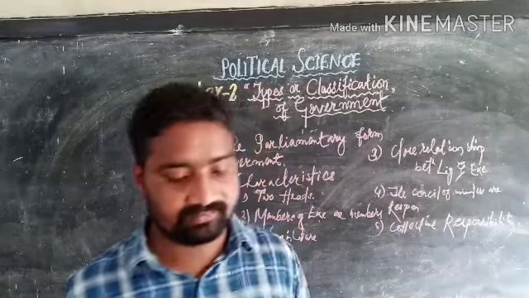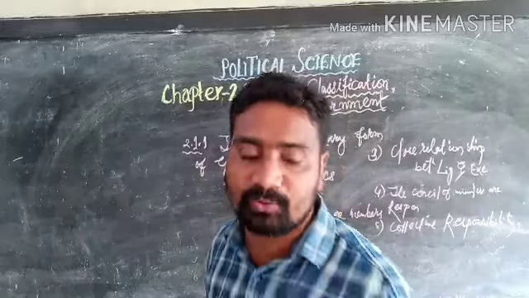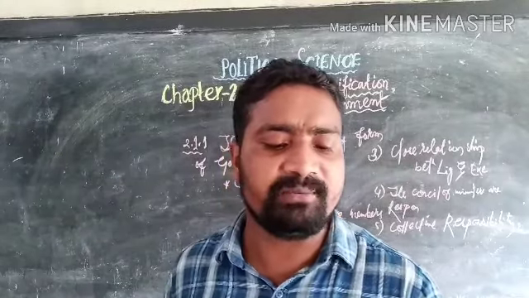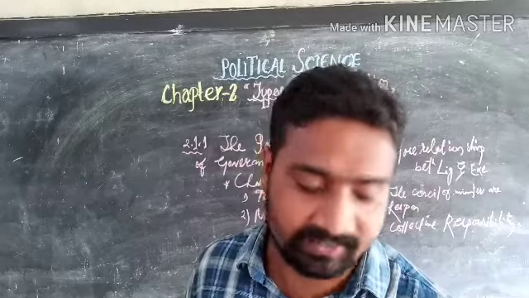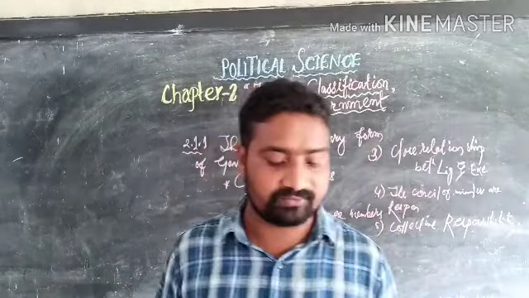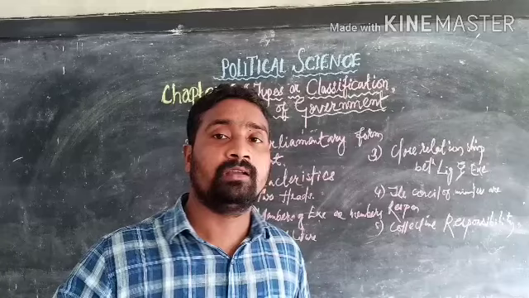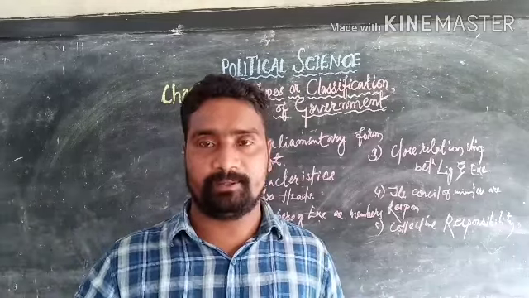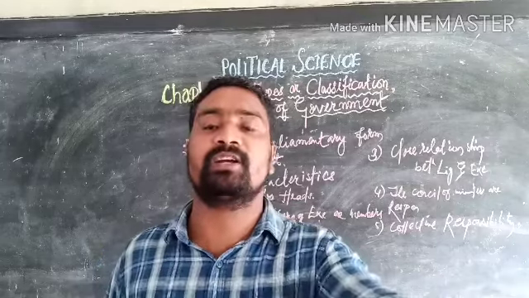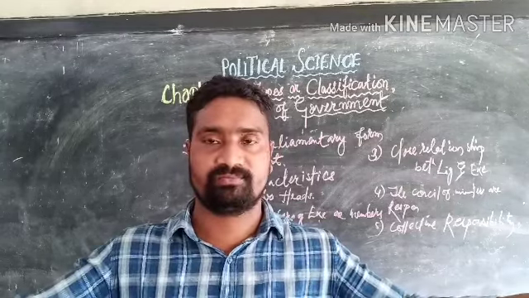Is it clear? Okay, so the fourth point is the parliamentary government functions by giving due importance to public opinion. See here, public opinion means the wishes of the people that go to government through different means.